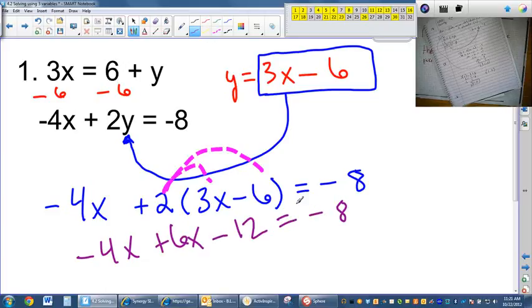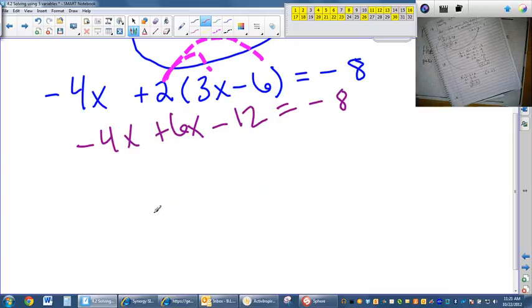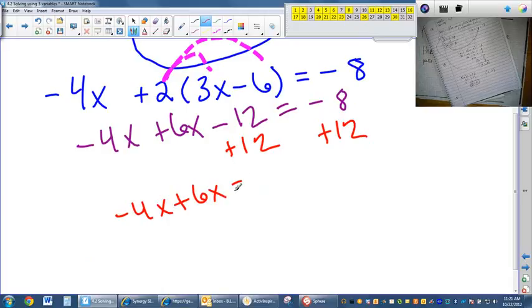My next step in simplifying will be what? Yeah, so let's add 12 to both sides of the equation. So I have negative 4x plus 6x equals positive 4.